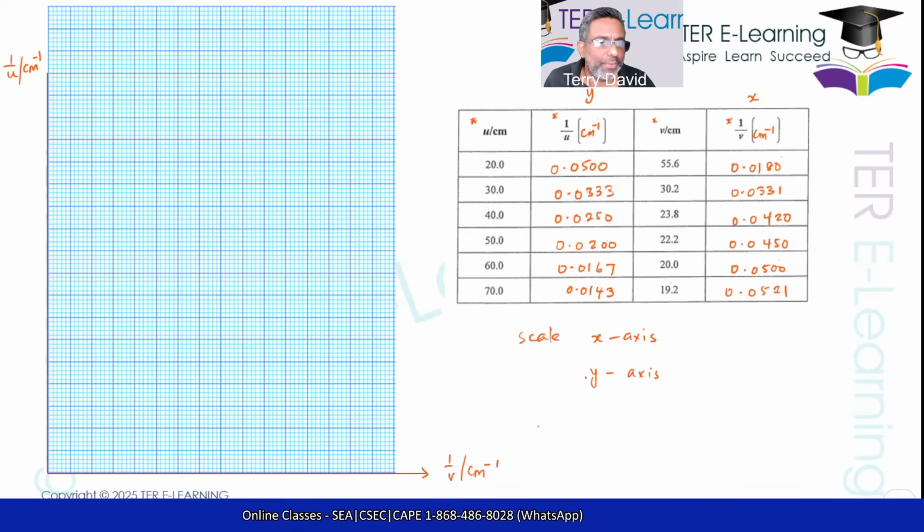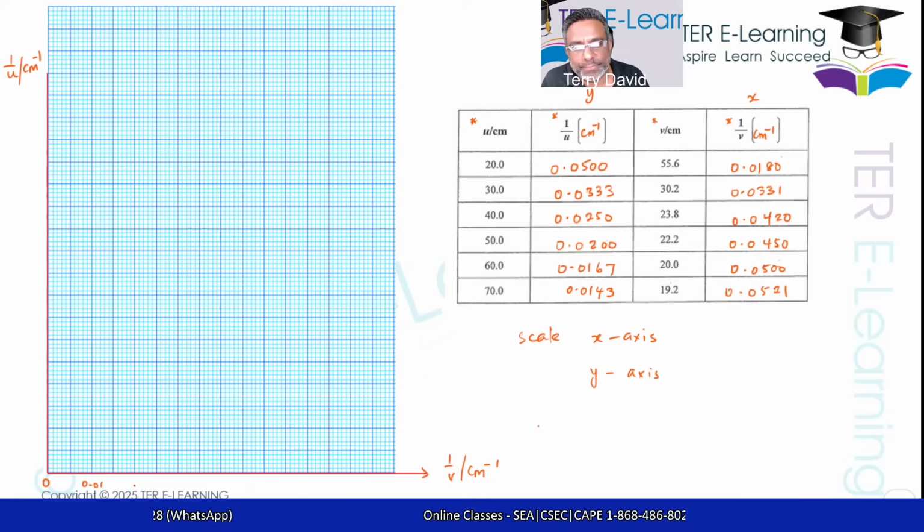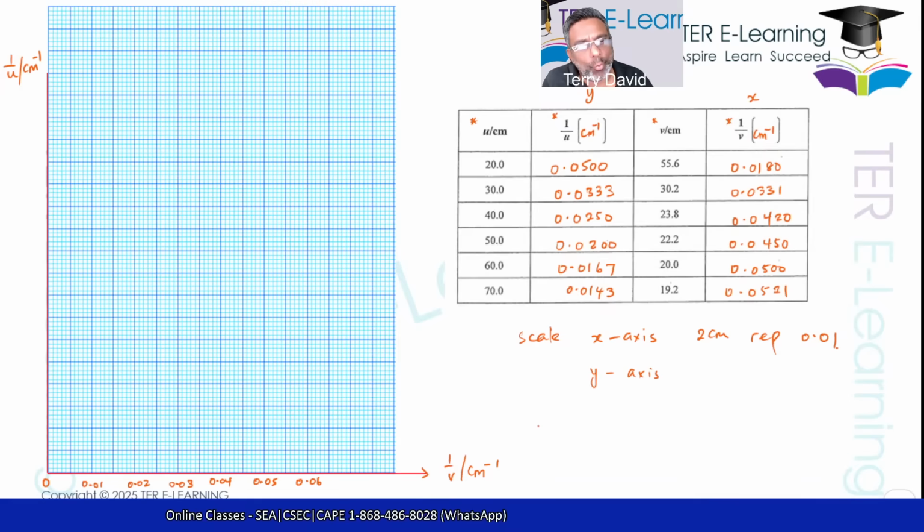If we look at the x-axis here, we can probably do 0, 0.01, 0.02, 0.03, 0.04, 0.05, and then 0.06. So on the x-axis, we can use 2 cm to represent 0.01.